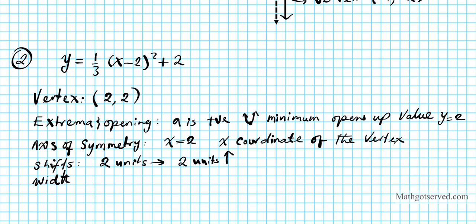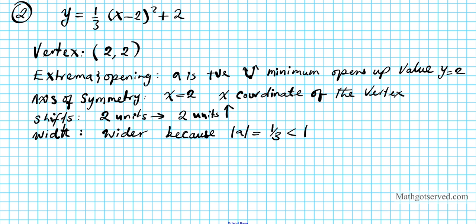Since the absolute value of a is less than 1, it's going to be wider. The absolute value of a is equal to 1/3. Remember, absolute value takes away the sign if it's negative. Since this is less than 1, it's wider.